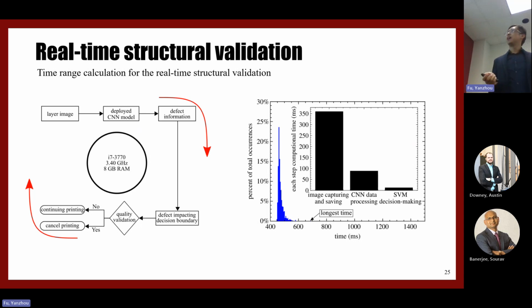A personal desktop is used to calculate the time distribution, which starts from the layer image input into the deployed model and ends with the decision-making system outputting the decision. 1,000 cycles are tested on this system configuration with a GPU, and the time distribution is shown here.